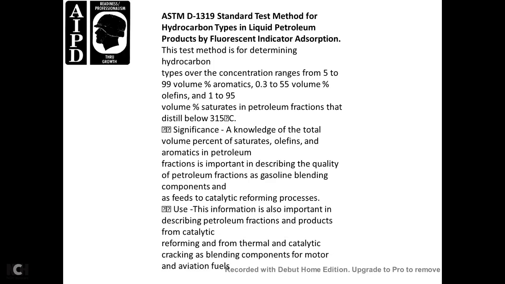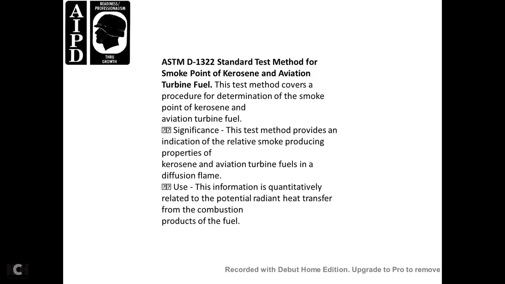Significance: knowledge of the total volume percent of saturates, olefins, and aromatics in petroleum fractions is important to describe the quality of the petroleum fractions, the gasoline blending components fed into the catalytic reforming process. The information is also important to describe petroleum fraction products and catalytic reforming, thermal catalytic cracking, and the blending of components within motor and aviation fuels.